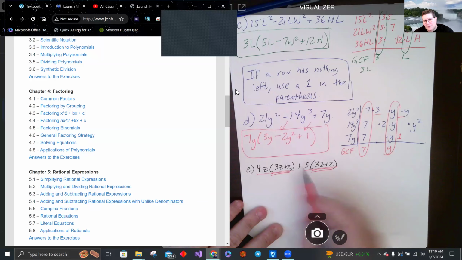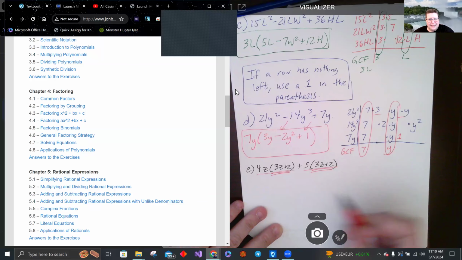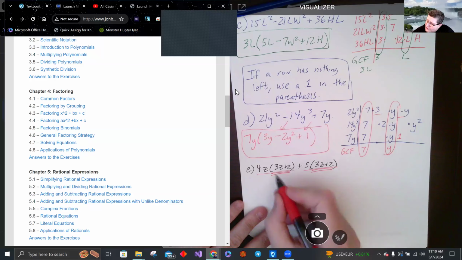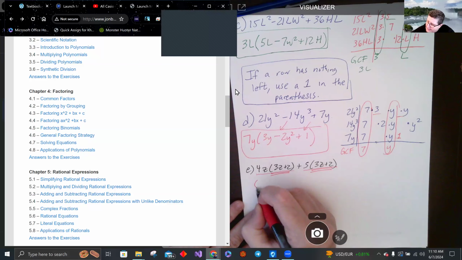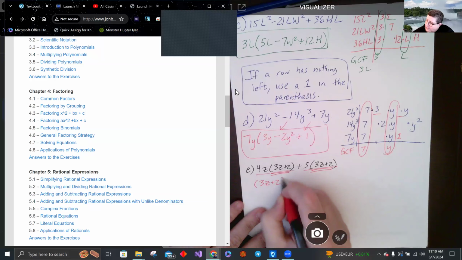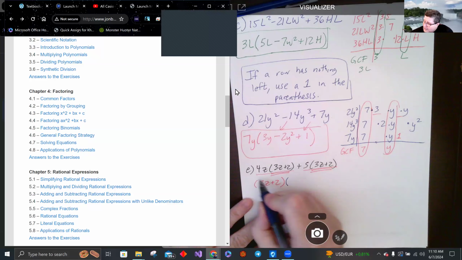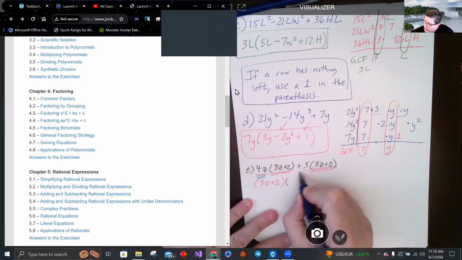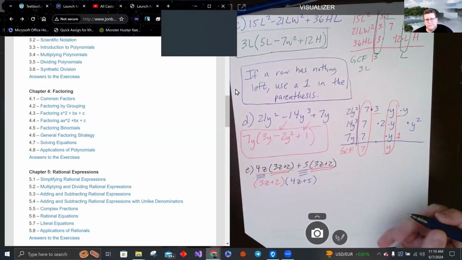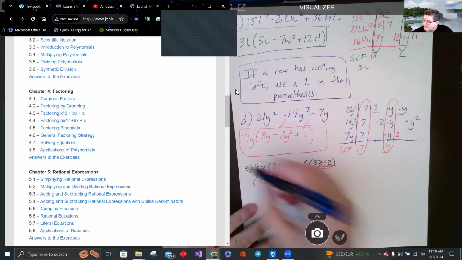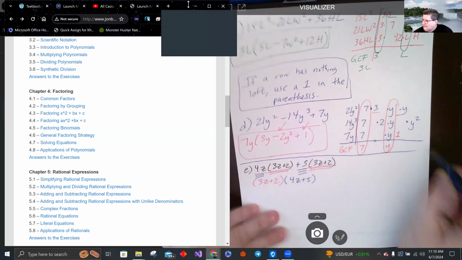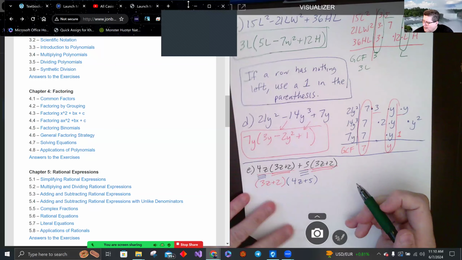So rather than multiplying them out and then factoring again, what I can do is factor out this 3z plus 2. And what I'm left over with is 4z plus 5. Does that work correctly?